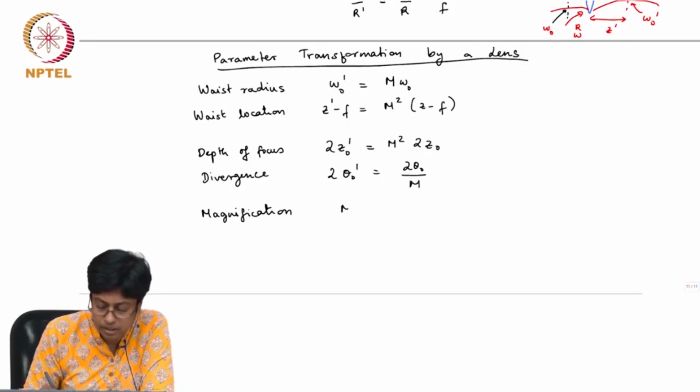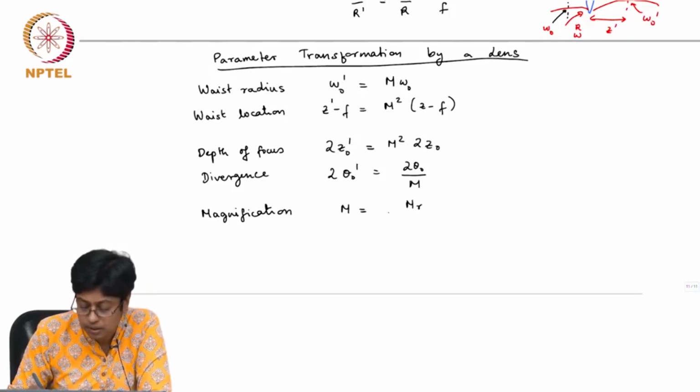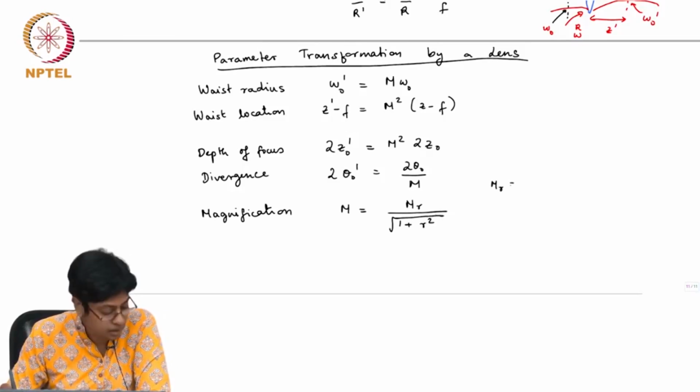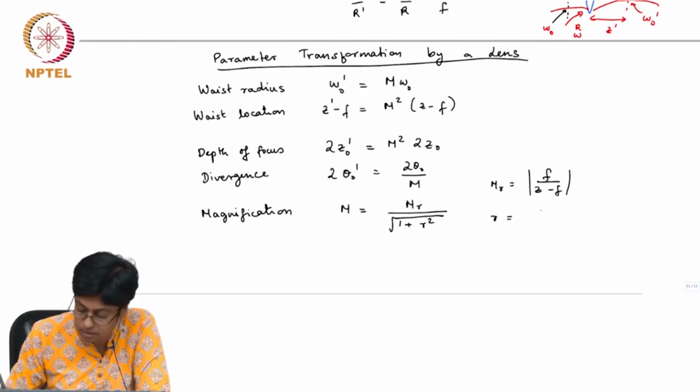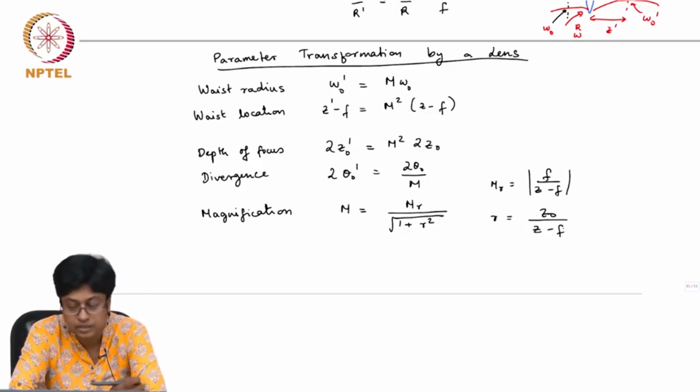And this magnification m is not a simple parameter anymore. It's defined in terms of some other parameters, where MR is and R is, and we'll see why these are important or where they arise from.